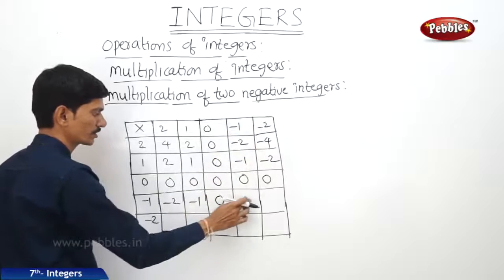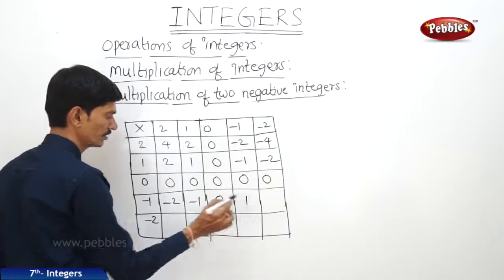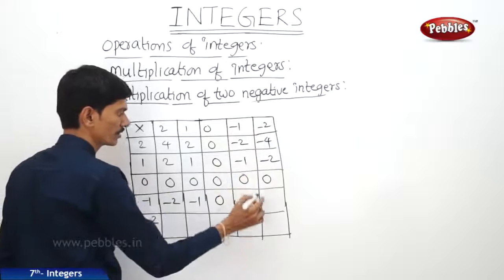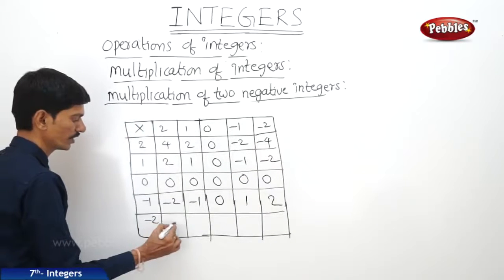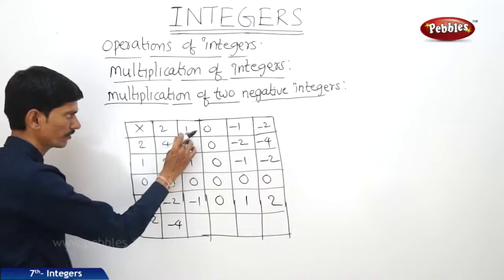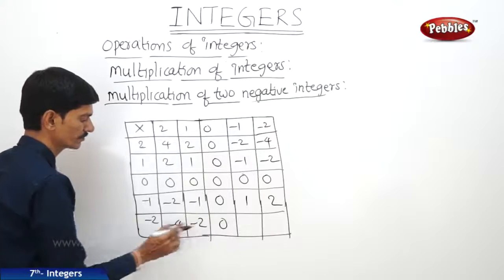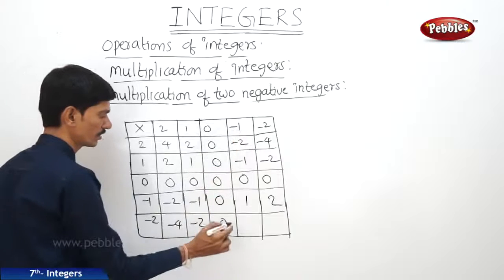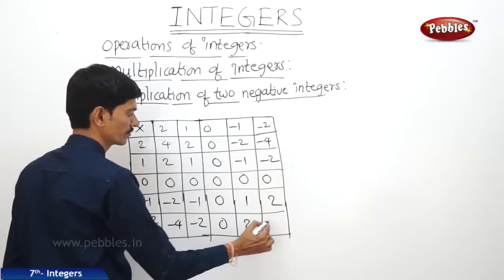So then we get the product as a positive integer. So minus 1 into minus 1 is 1, and minus 1 into minus 2 is also plus 2. Then minus 2 into 2 is minus 4, minus 2 into 1 is minus 2, then minus 2 into 0 is 0, then minus 2 into minus 1 is 2, then minus 2 into minus 2 is 4.